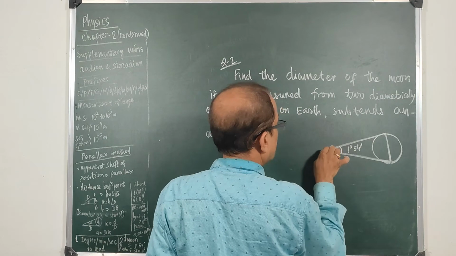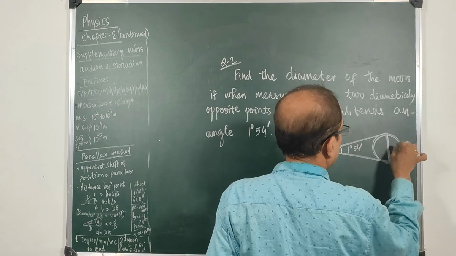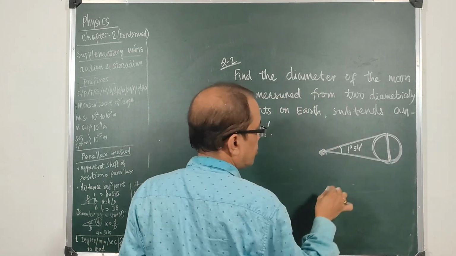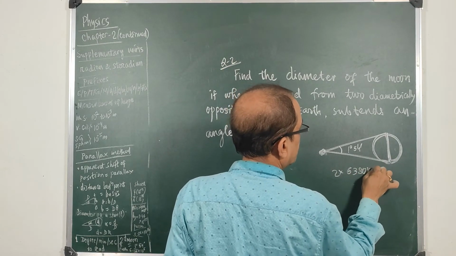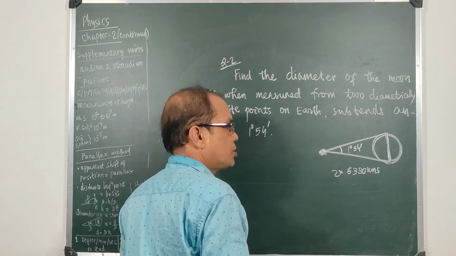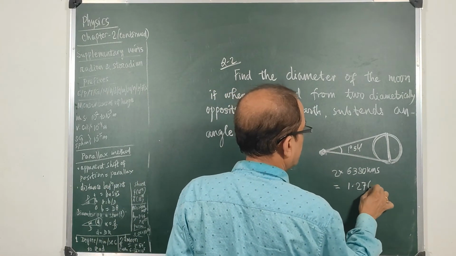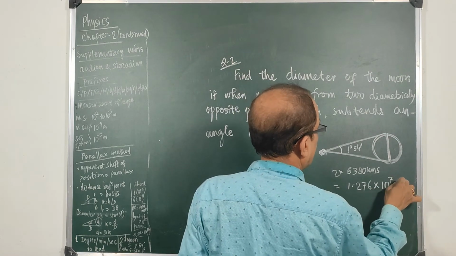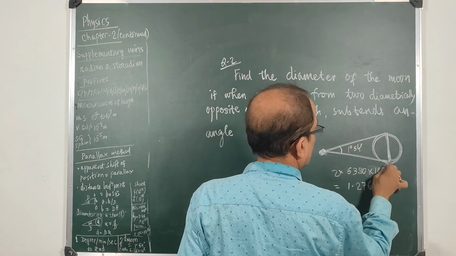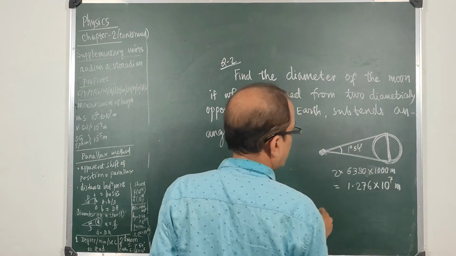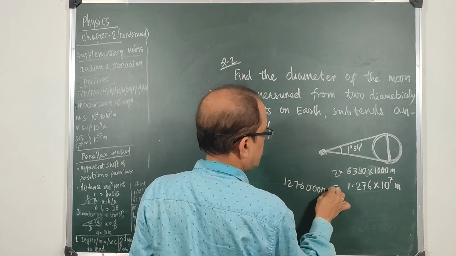The moon is here, the earth is here. This is the earth's diameter which is known, and what is the earth's diameter? That is generally 2 into 6,380 kilometers. And in this class we have already found that to be 1.276 into 10 to the power 7 meters, because you can make this meters, then you get 1276 and 4 zeros, this much meter.